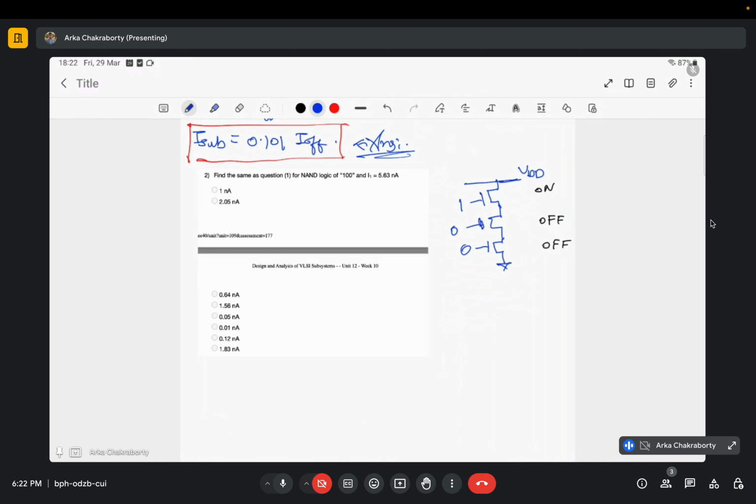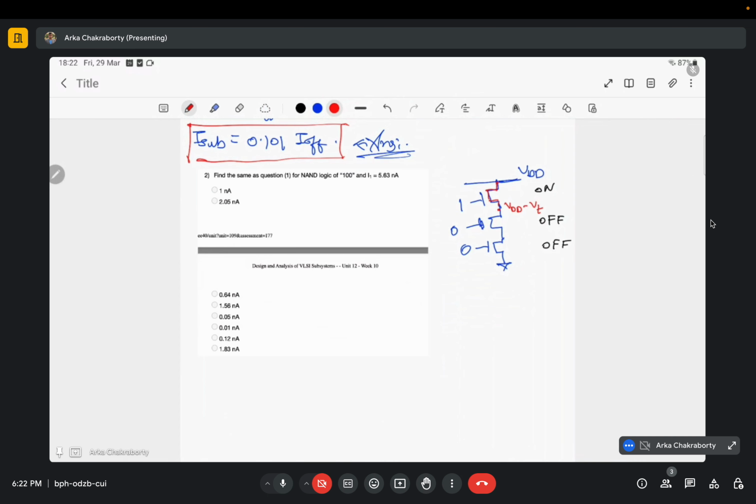So what will be the voltages? See, simple. This transistor will be acting as a pass transistor, and we know NMOS passes weak 1. If VDD is given at the drain and the gate also has VDD, at the source you won't get VDD, you will get a slightly depleted voltage of VDD minus VT. We have seen it a number of times during our previous assignments and discussion sessions.